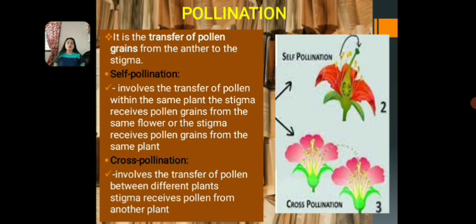So we have self-pollination. Self-pollination involves the transfer of pollen within the same plant. The stigma receives pollen grains from the same flower, or from the same plant. Cross-pollination involves the transfer of pollen between different plants. The stigma receives pollen from another plant.